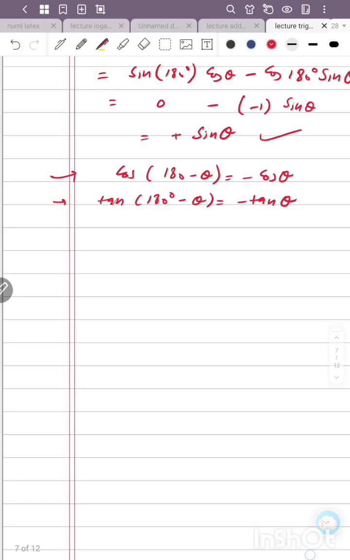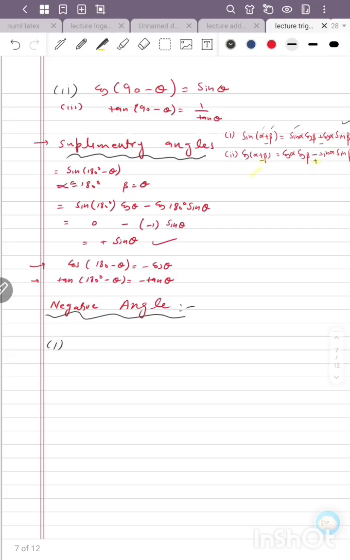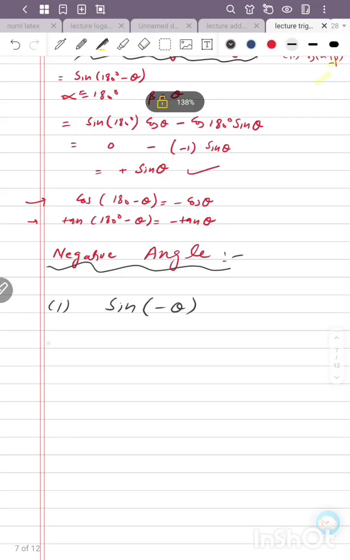Okay. Similarly, we have the next one. We have to do these angles here: sine minus theta, cos minus theta, and tan minus theta.